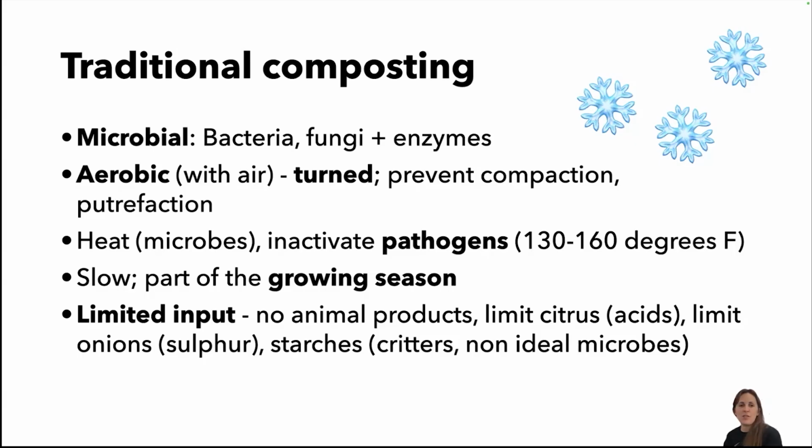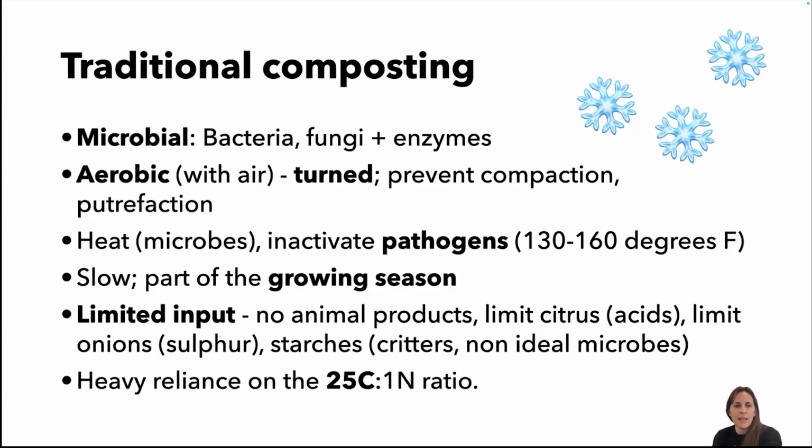You really don't want to invite critters into your compost bin. I mean, personally, I don't like to be surprised by critters. And then there's also a risk of introducing non-ideal microbes into your compost pit if you're adding too many starches. A compost pit can, in fact, handle a fair amount of starch, but it needs to be kind of balanced. And so it's not that every time you have pasta, you can add your pasta to your compost.